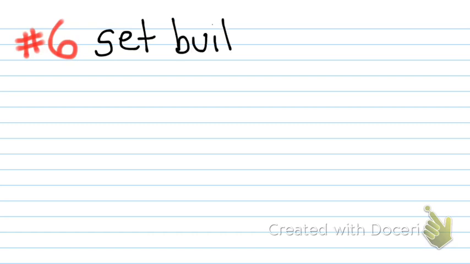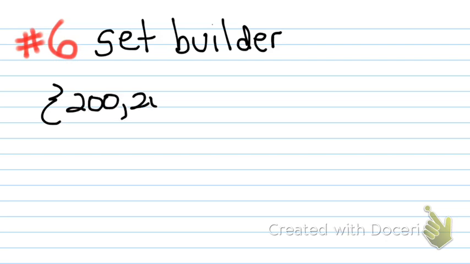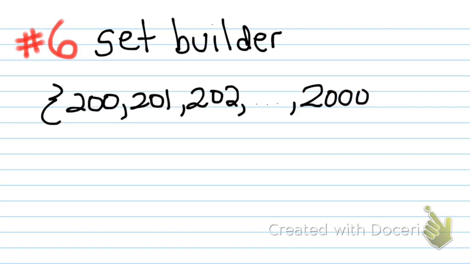Okay, number 6 states, write the set builder for the following set. This is our set. Curly brace, 200, comma, 201, comma, 202, dot, dot, dot, all the way to 2000.